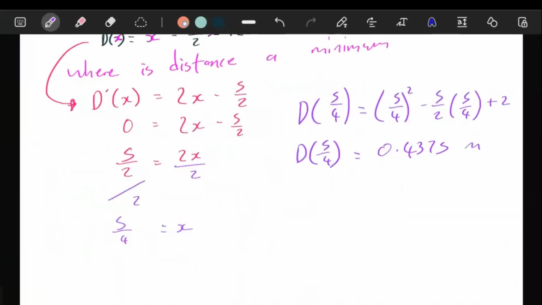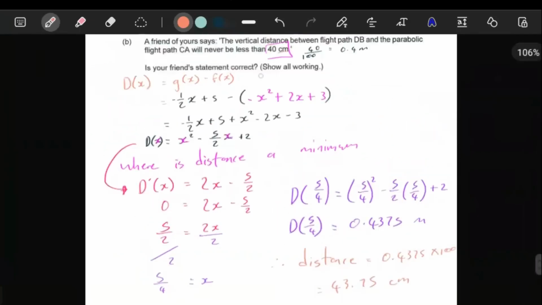And then in centimeters, therefore, the distance is going to be equal to 0.4375 times 100. If you times this by 100, you're going to get 43.75 centimeters. And this is not less than 40. So this is the lowest it can go. It could obviously never be less than 40.